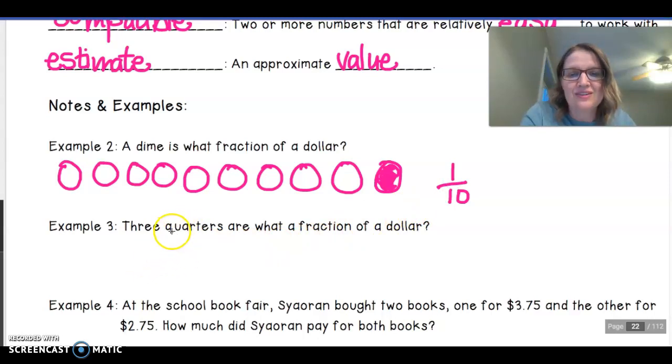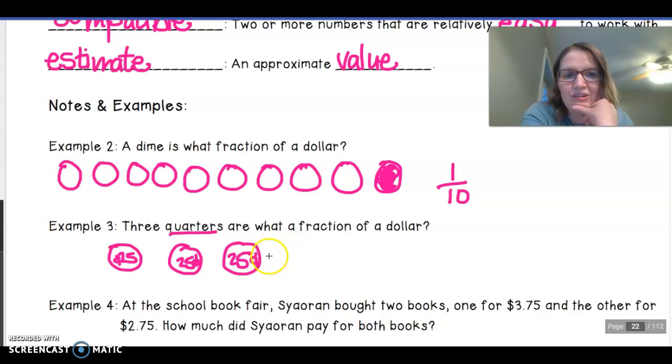Next one. Now this is a little clue. 3/4. I'm gonna put 25 cents. Is a fraction of what? Of a dollar. So we first have to ask how many parts are in a dollar? Well, we have 3 right here.